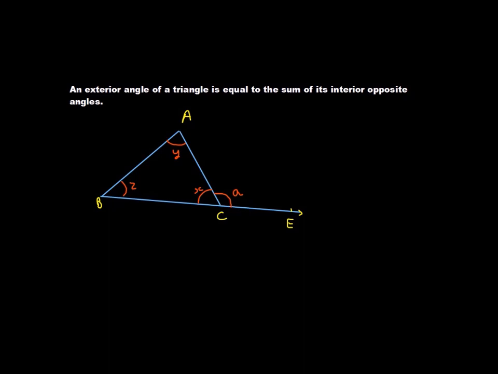Now, for such a triangle, this angle A, that is the exterior angle, will be equal to sum of interior opposite angles. A is equal to Y plus Z. This property is known as exterior angle property.